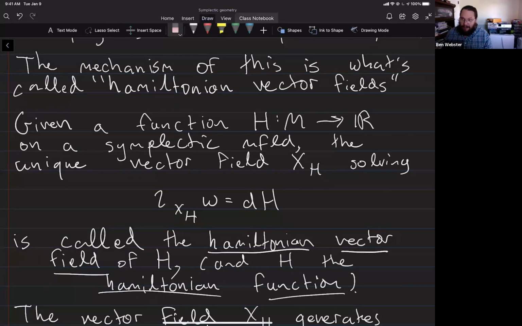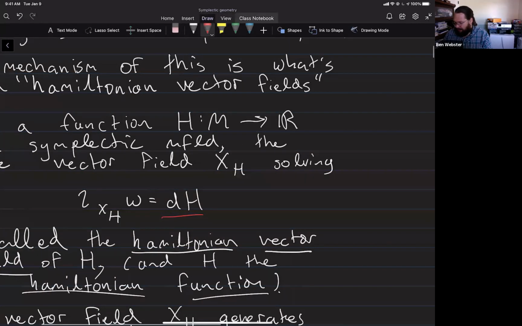Just take any symplectic manifold and any function from it to the real numbers. There's a unique vector field that satisfies the equation: you take the differential of your function, which gives you a one form, and there's a unique vector field which contracted with the symplectic form gives you that one form.